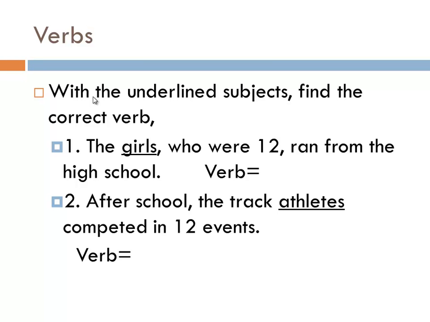All right, hopefully you came up with the word ran. The girls ran from the high school. Well, why would 12-year-old girls run from the high school? Hopefully you have an idea that because they're 12, they don't belong at the high school. 12-year-olds are not high schoolers yet.